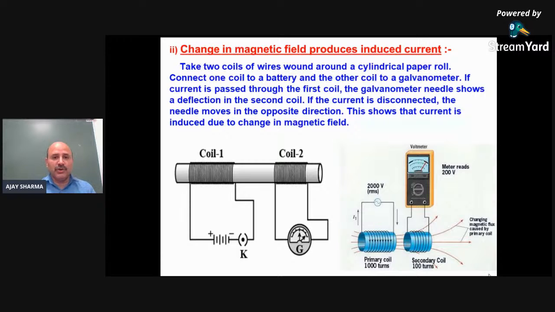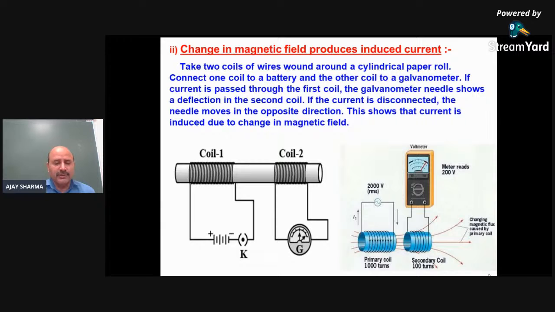We can make use of the gadgets just shown in the diagram itself. We are making use of a battery, or on the right side you can see I am making use of an alternating source also. In the right side of the diagram there is a symbol, a wavy line, which represents an alternating type of signal or voltage.